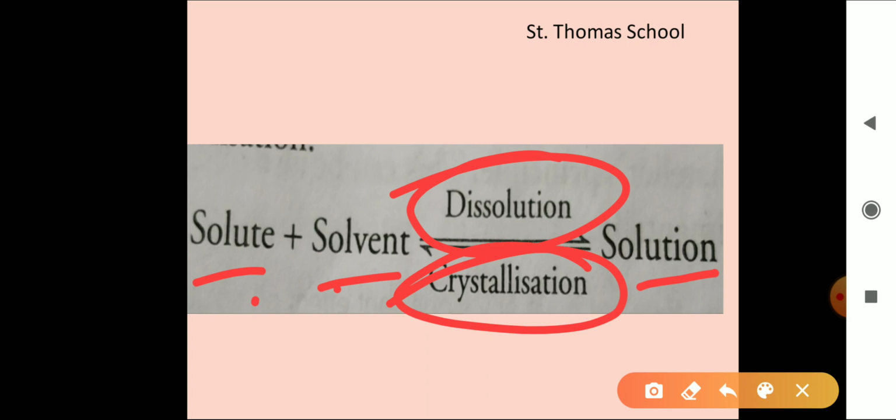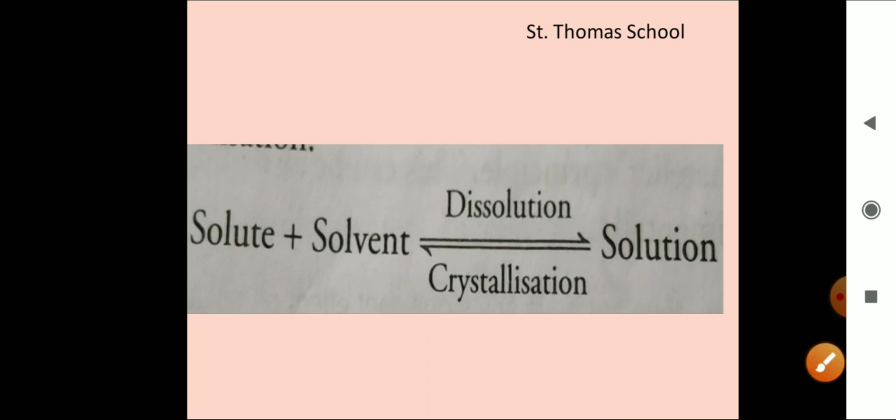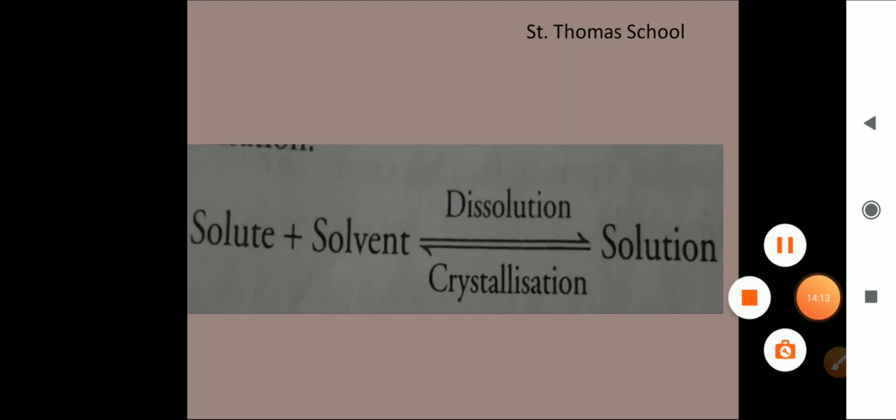Understood? So when we talk about solubility over here, solubility means what? In the first slide I told you, the amount of solid that dissolves in 100 gram of solvent at a given temperature to form saturated solution. That is what we call solubility.